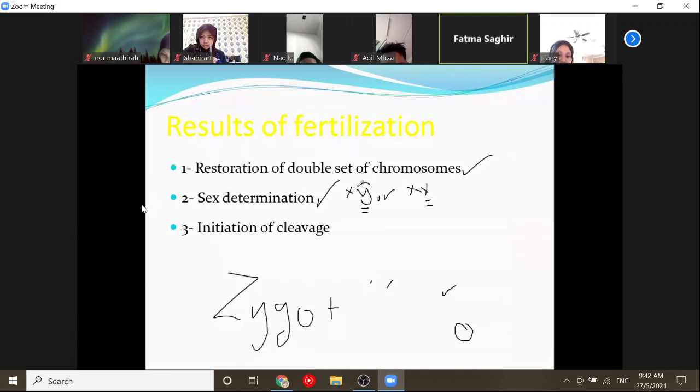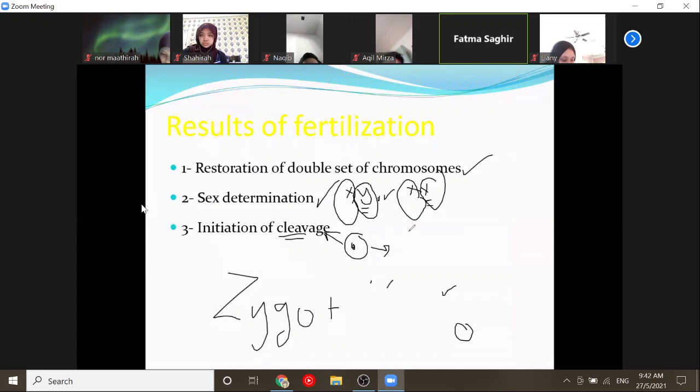The Y chromosome comes from the sperm. This is from the ovum. This is from the sperm.